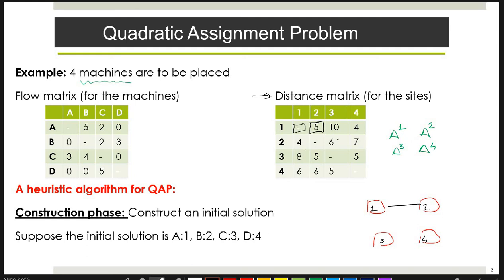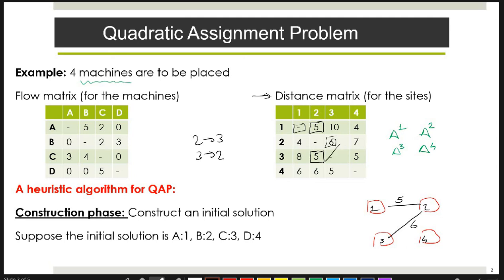We know the distances, and the distance between 1 and 2 is 5. The distance between 2 and 3 is given as 6. But look, something we need to pay attention to in this distance matrix: sometimes it is symmetric, meaning that going from 2 to 3 is equal to going from 3 to 2, but sometimes it is not.